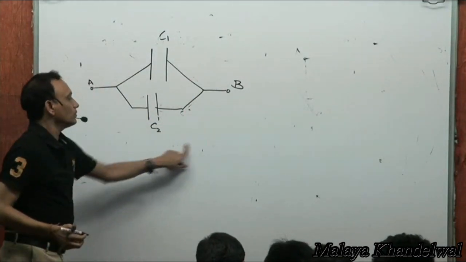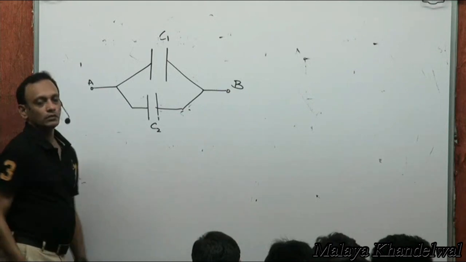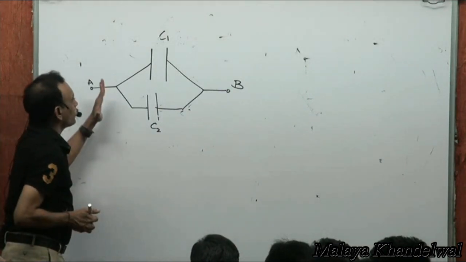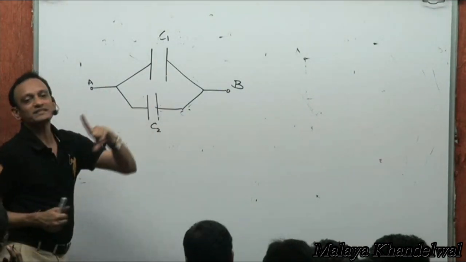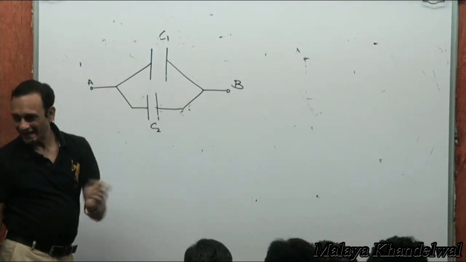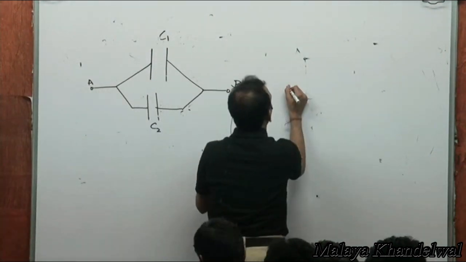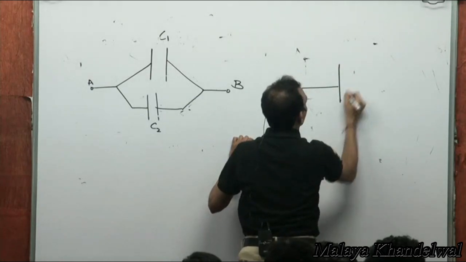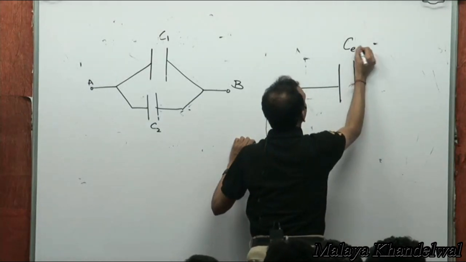Now I want to replace this arrangement with one single capacitor between points A and B. That's the C equivalent.